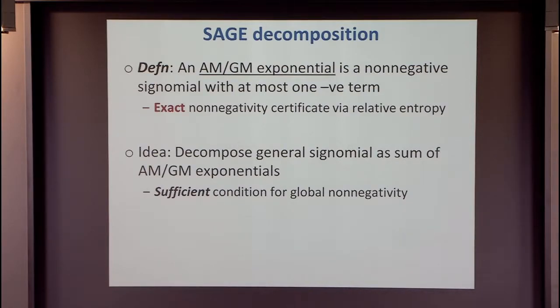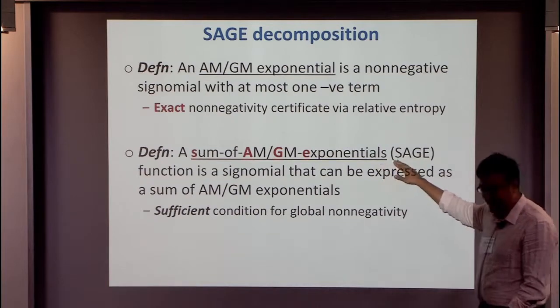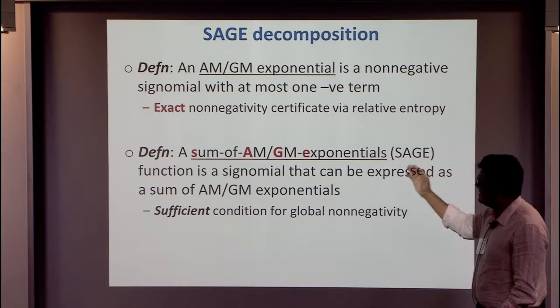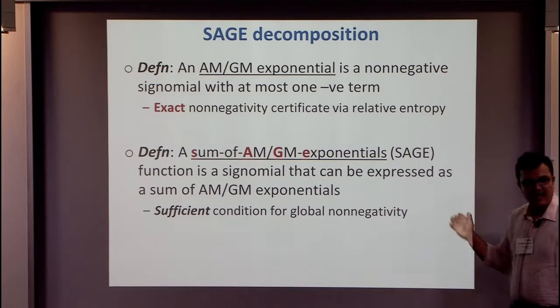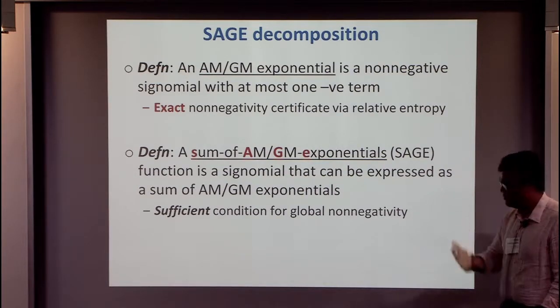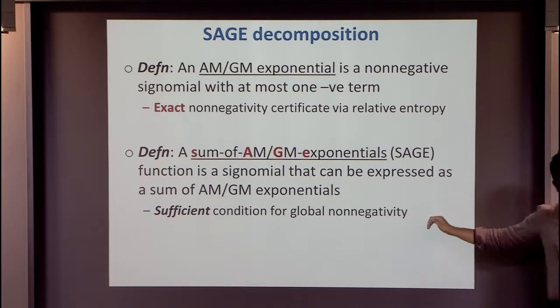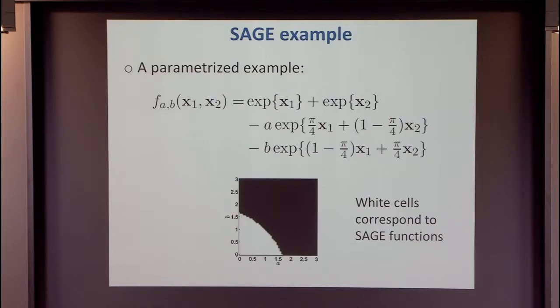And so that leads to the next definition, that of a sum of AMGM exponentials. We'll call these things SAGE functions. These are signomials that can be expressed as a sum of AMGM exponentials. A signomial being expressible as a SAGE function is a sufficient condition for that signomial to be globally non-negative. Okay. So this is a simple parameterized example.